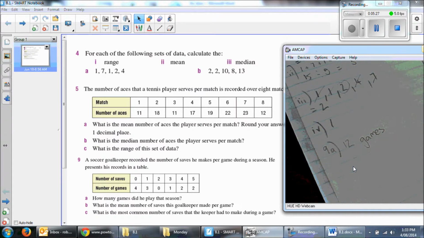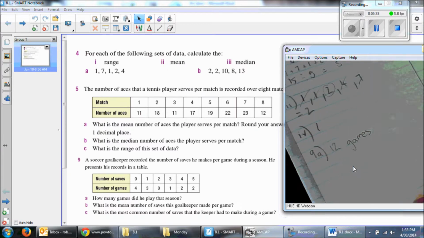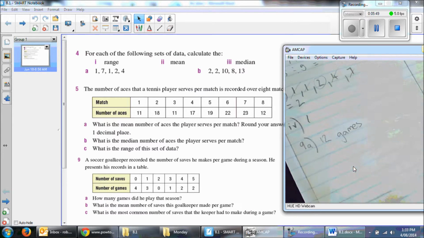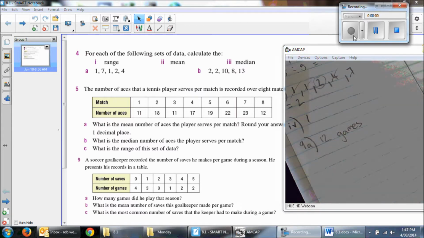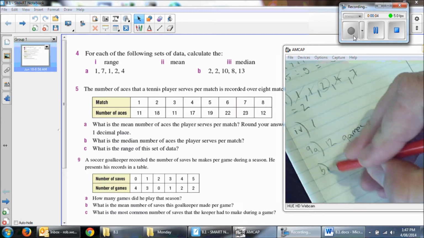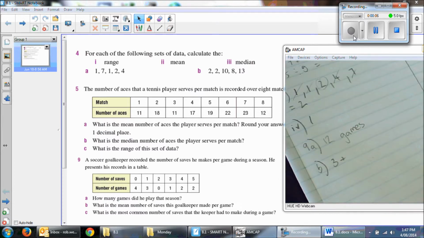And what is the mean number of saves this goalkeeper made per game? So what is the average number of saves he actually made? This is where you need to work out how many saves he actually made. In 3 of those 12 games he made 1 save, so that's 3 saves.